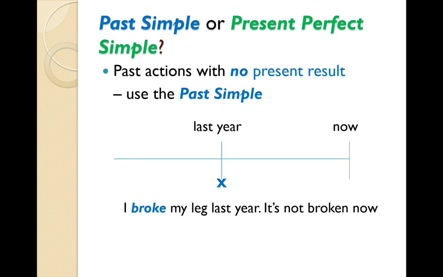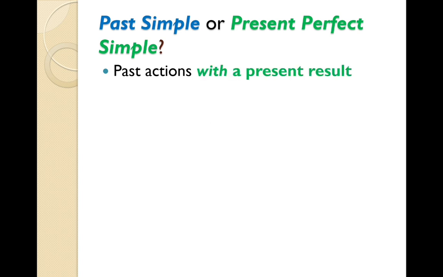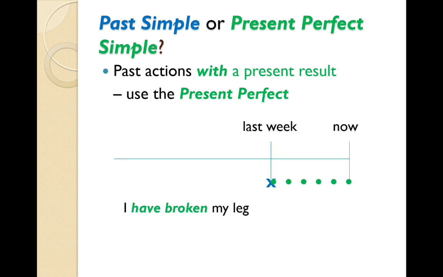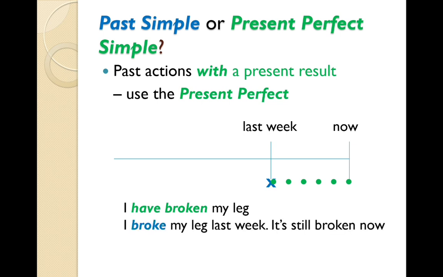It's not broken now. Here there is no relationship with the present. Past actions with a present result, use the present perfect. I have broken my leg. I broke my leg last week. It's still broken now. The result is present.